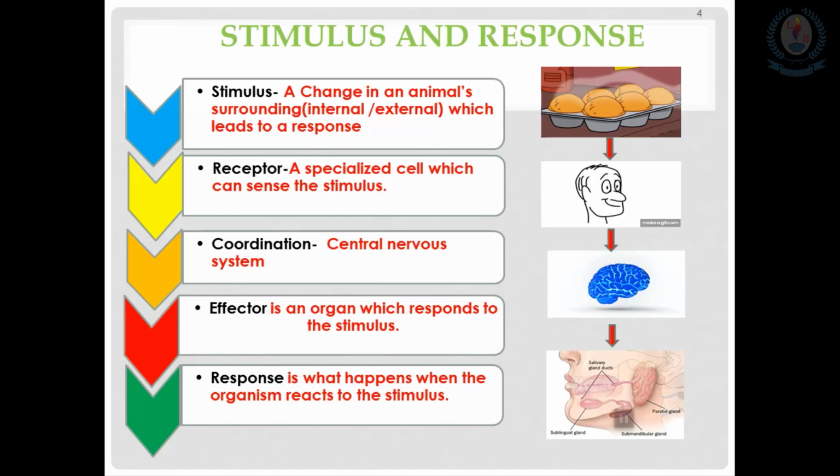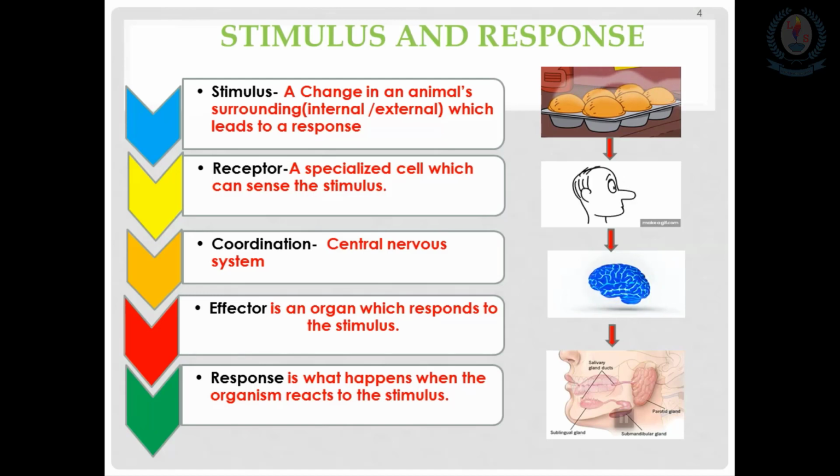The surroundings outside the body are called the external environment, and the inside of the body is known as the internal environment. Keep in mind that our body responds to changes in its internal environment, such as temperature and blood glucose levels.